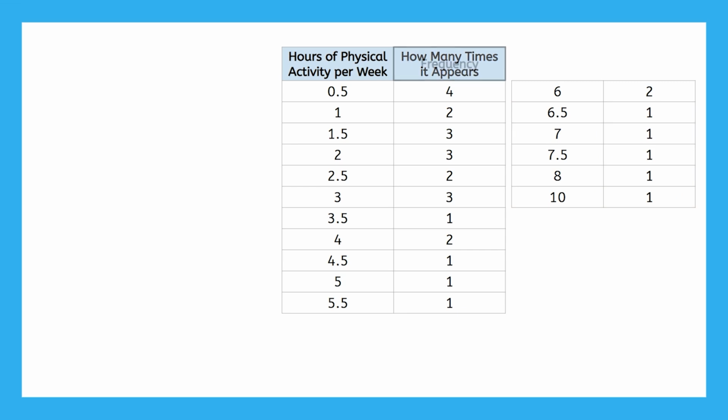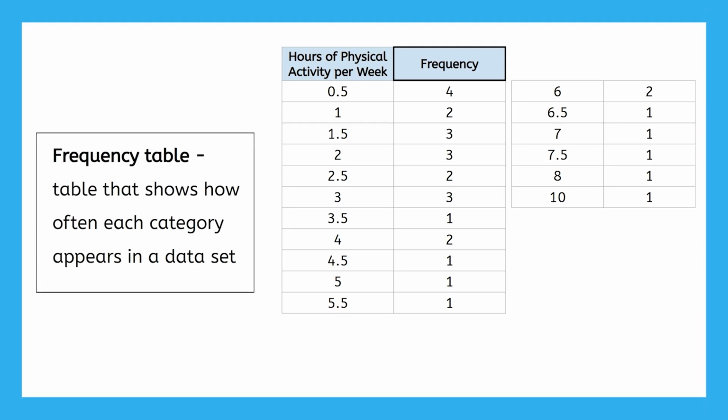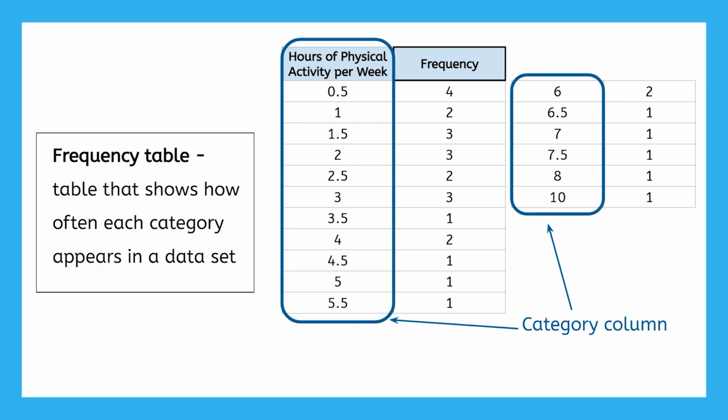Another word for how many times something appears is frequency. That being said, we just created a frequency table, which is a table that shows how often each category appears in a data set. A frequency table has a category column, which are the hours in this scenario. Categories can be numbers or words, depending on if the data is quantitative or qualitative.